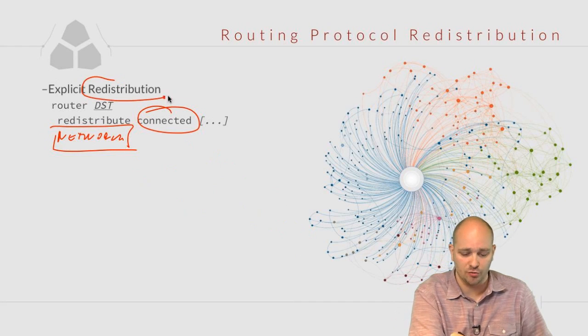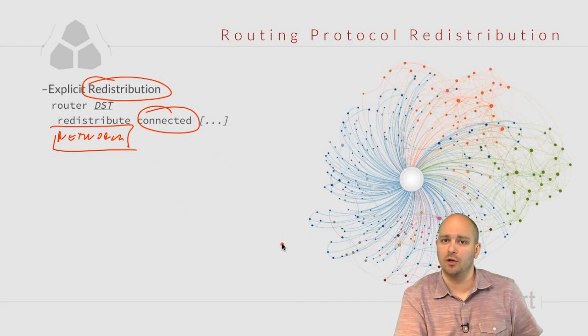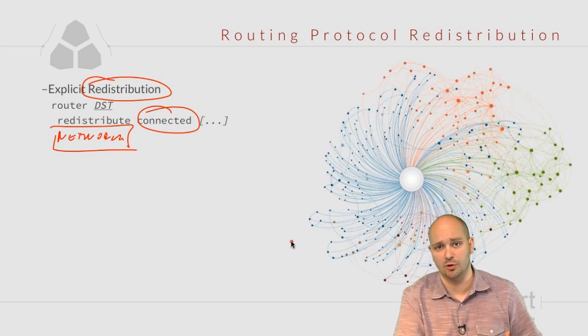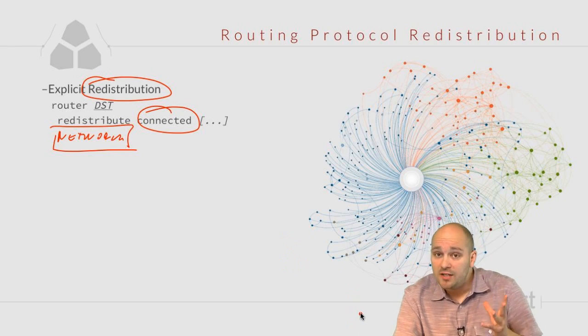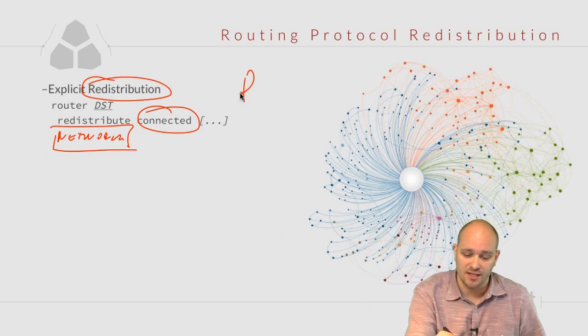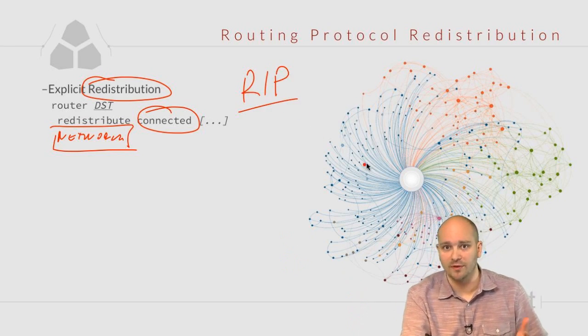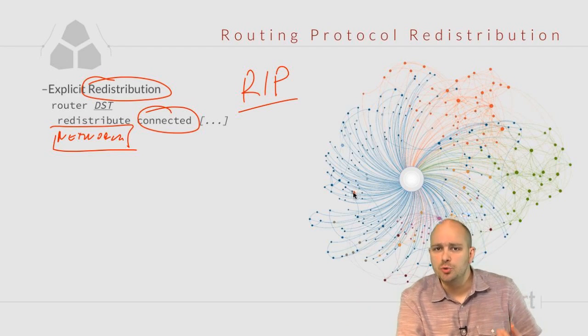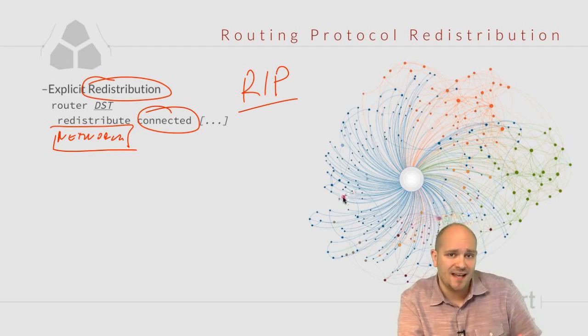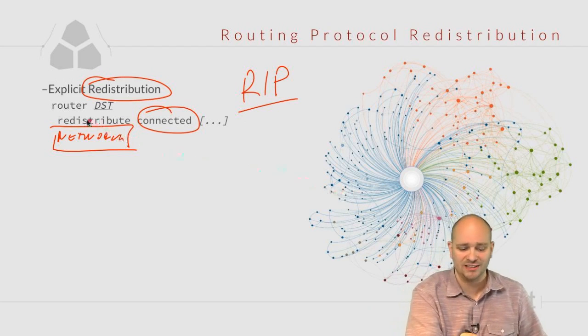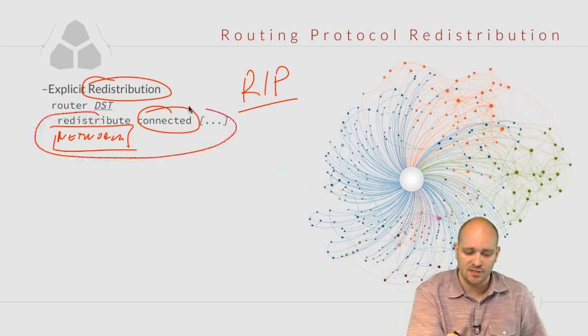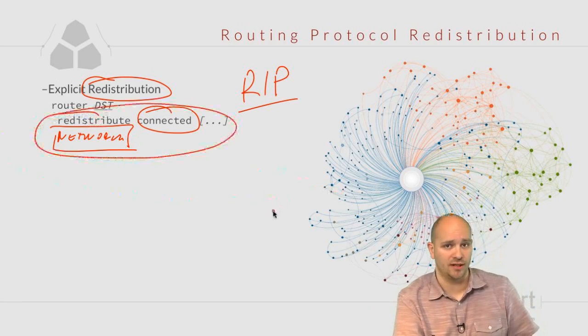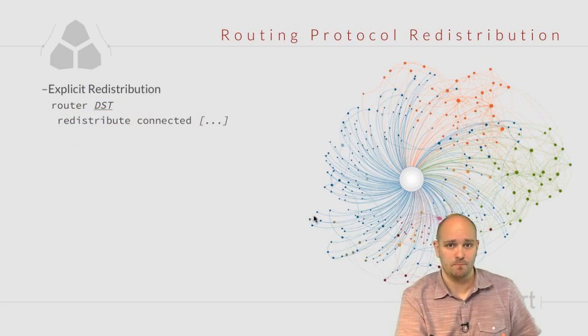When we talk about redistribution, we are talking about injecting those prefixes that are associated with local interfaces on the router as external routes to the protocol. Now, there are some protocols like, for example, RIP. Actually, come to think of it, it's the only protocol that does not understand the concept of external routes. In that case, using the network statement or redistribution of the connected routes is the same.